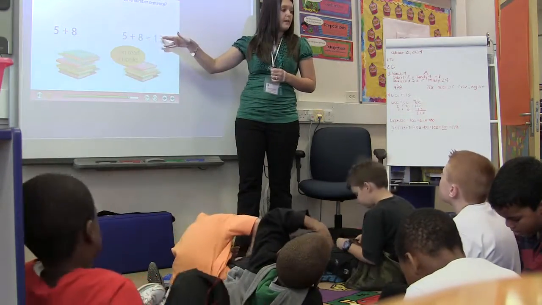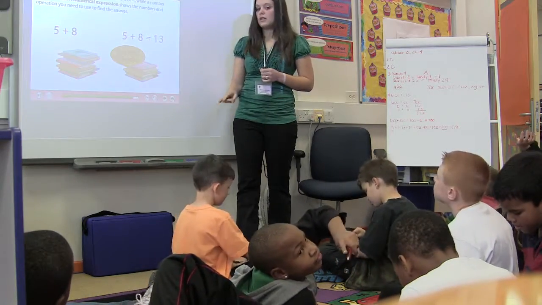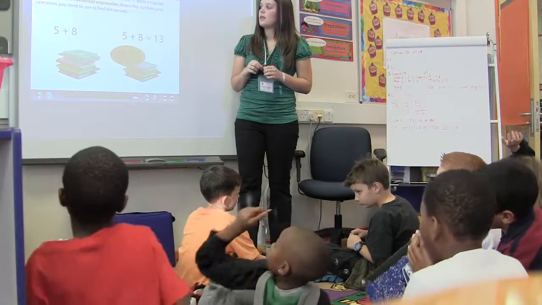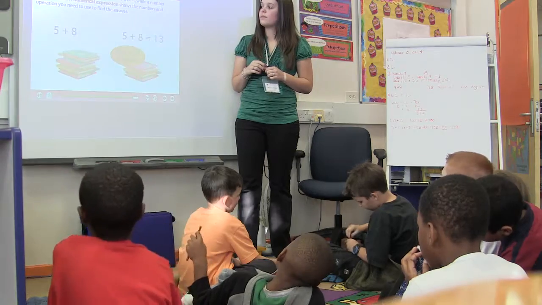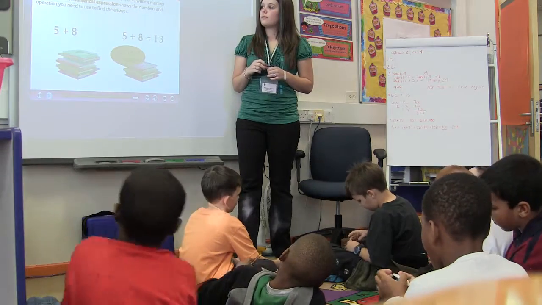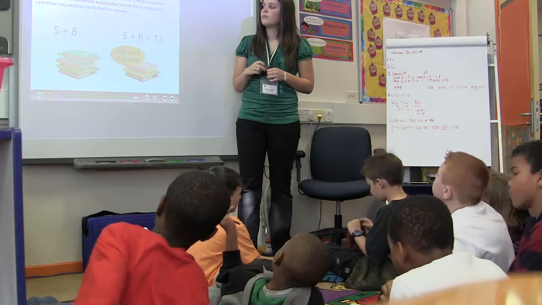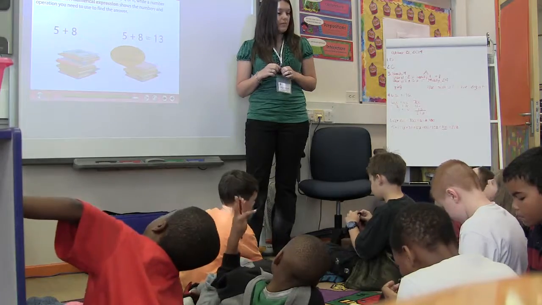That's the difference. A numerical expression does not have greater than, less than, or equal to, while a number sentence does. A numerical expression shows the numbers and operation you need to use to find the answer. Makes sense?